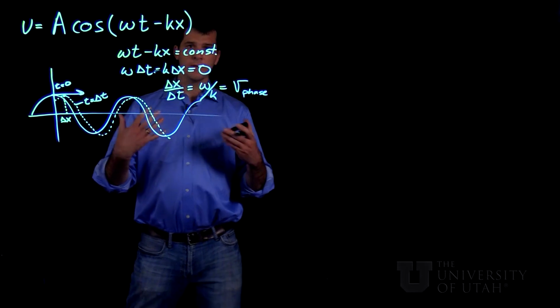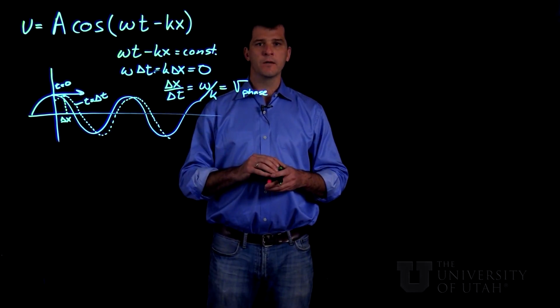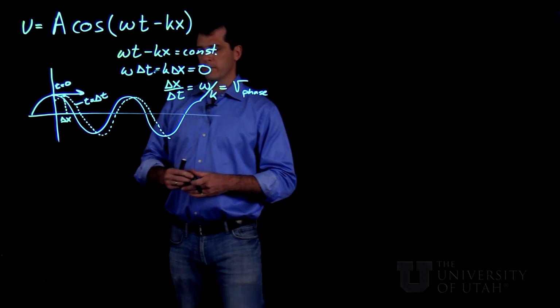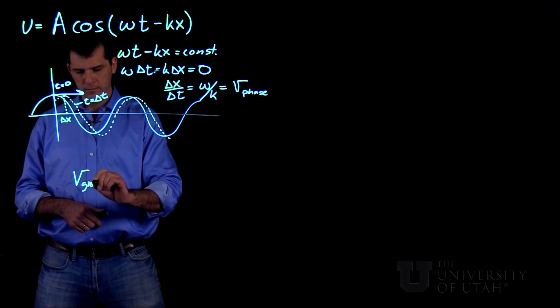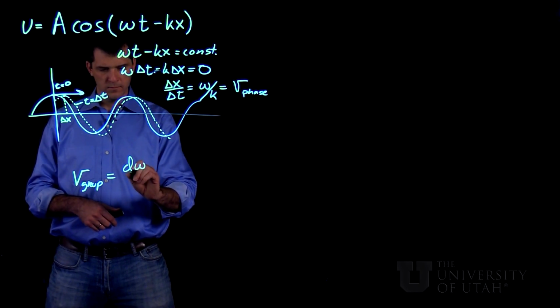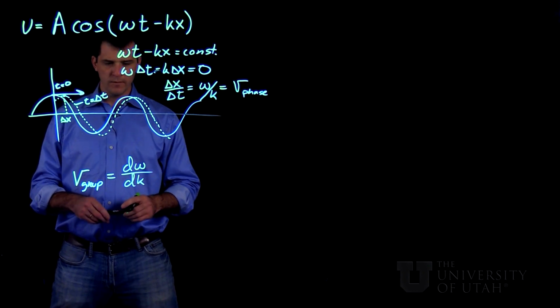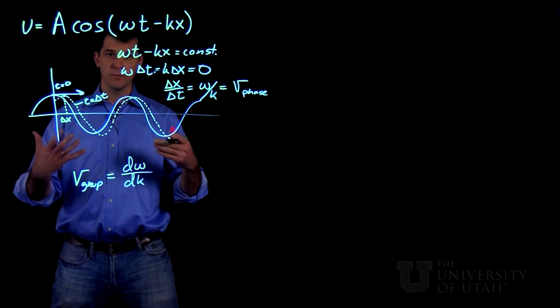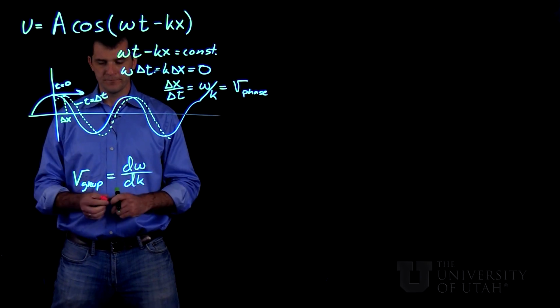We can also define another velocity. I'll skip the derivation here, but it turns out that we can define what's known as a group velocity. And this is the velocity at which a superposition of waves will move through the medium.